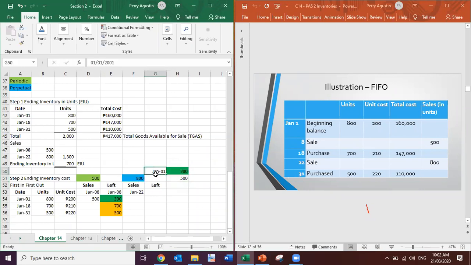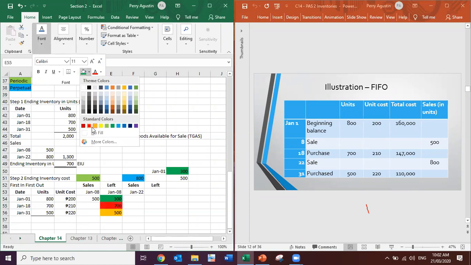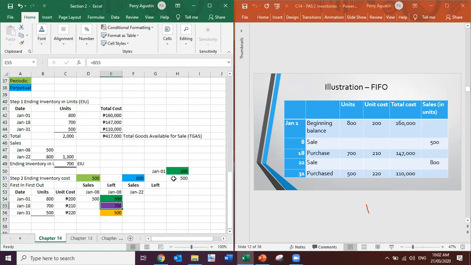So again, the 300 was taken from the inventory that is left from our January 1 inventory. Did everyone get that? So ibig sabihin, sir, the second inventory will be applied on the January 18? Yes. So it will be applied on the January 18 inventory.